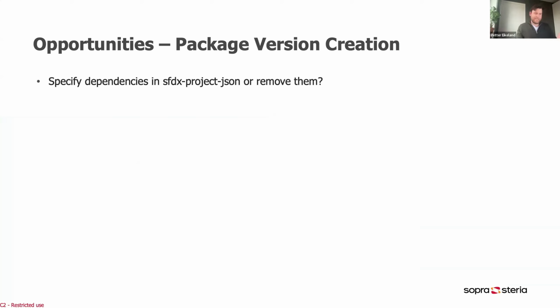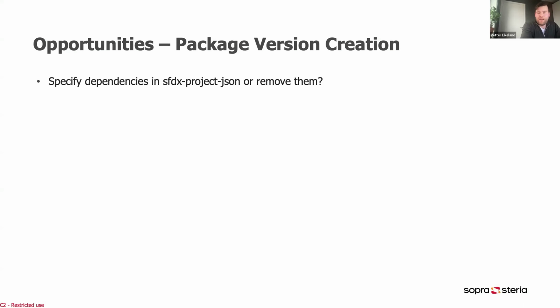Other than that, if you use snapshots for package version creation, that means that every time you create a build org, you would have your logger, your framework packages, your marketing cloud packages, all of them installed regardless of which package you're trying to validate.